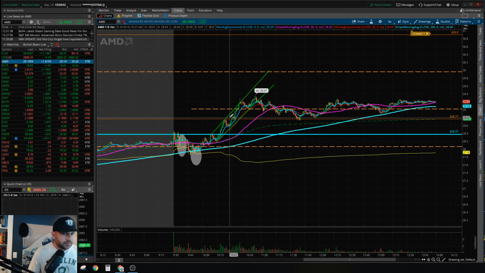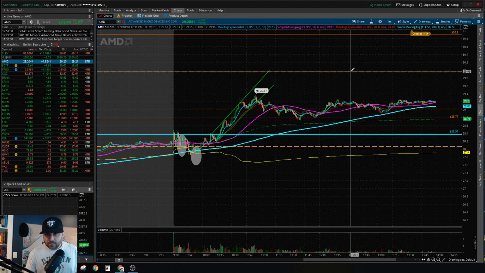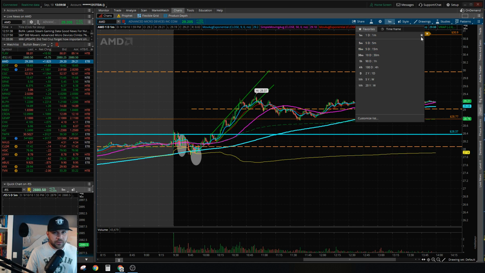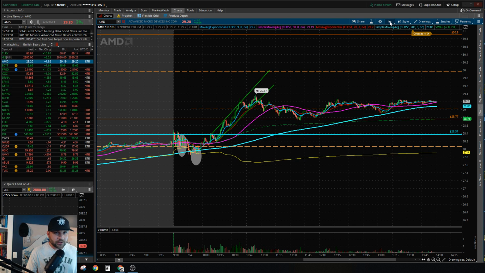We were looking at that for psychological resistance. We also had 30 marked out, so we had another dollar marked out. And slightly above there at 30.90, we had that next fib level. So we're watching that next fib level to potentially see if AMD makes it up there intraday.